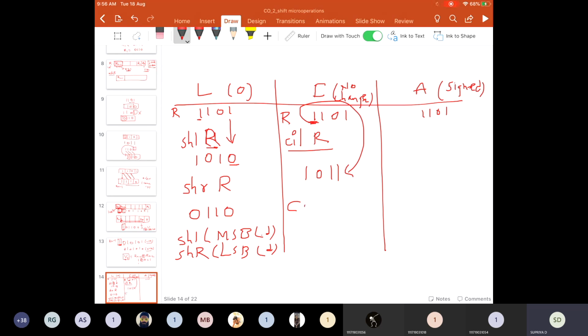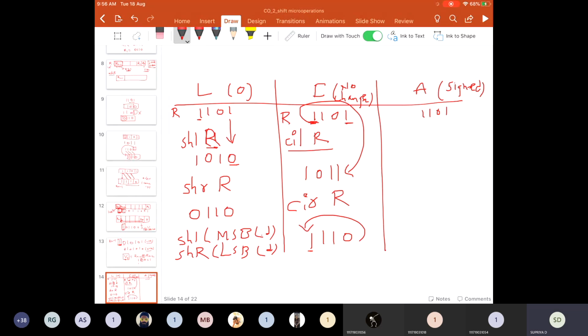And if you perform circular shift right on register R, in a shift right operation usually we discard the least significant bit, so it will be 1, 1, 0. Instead of discarding this least significant bit, it will be added here and it will be 1.